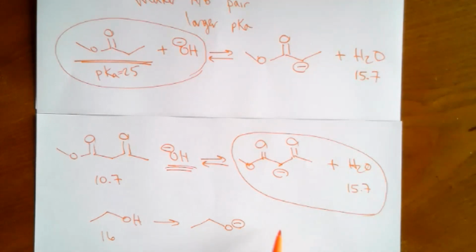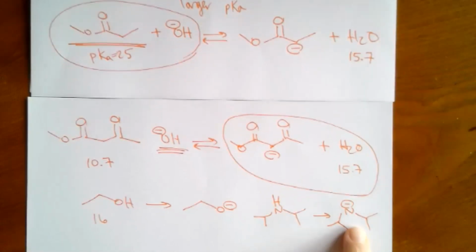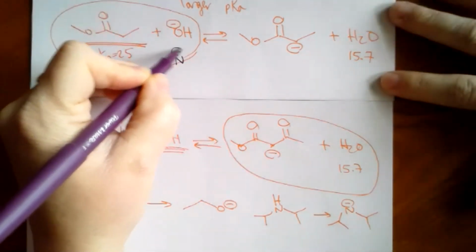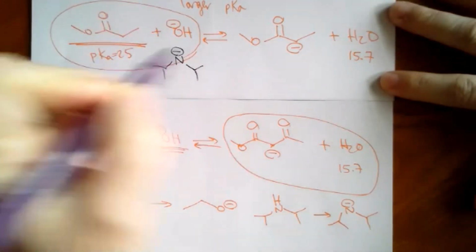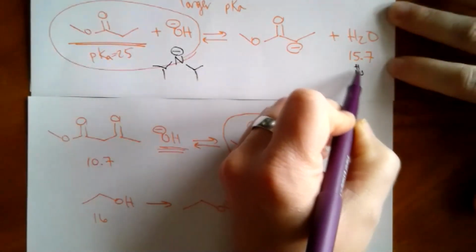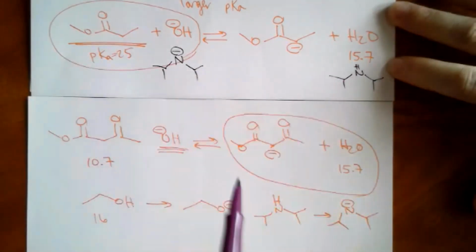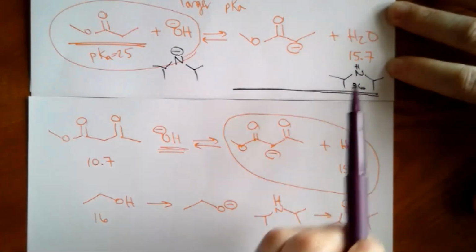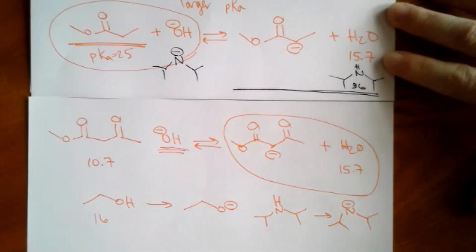But that other acid, this nitrogen acid thing, has a pKa of 36. So what that means is if you use this base, well, let's stick this up here. If you use this base, all of a sudden, equilibrium favors the product, because this is pKa 36 compared to 25.